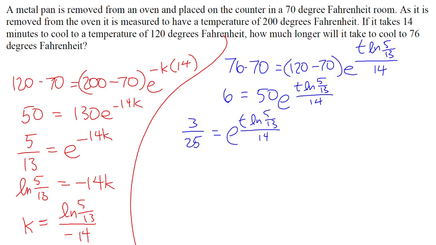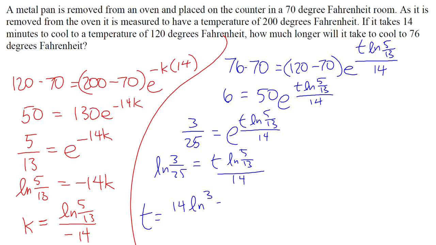And now we'll take the natural log of both sides and solve for t. So t ought to be 14 natural log of 3/25 divided by the natural log of 5/13.